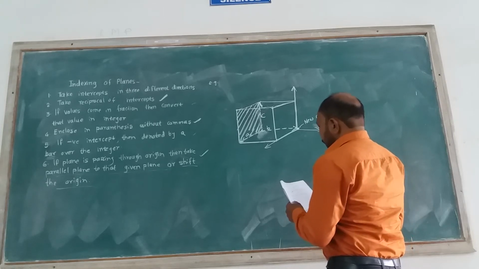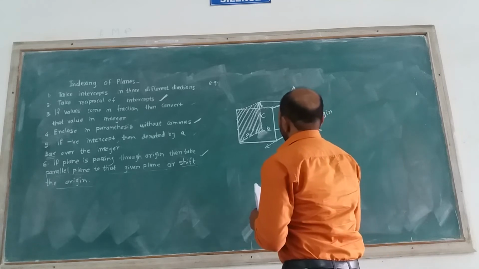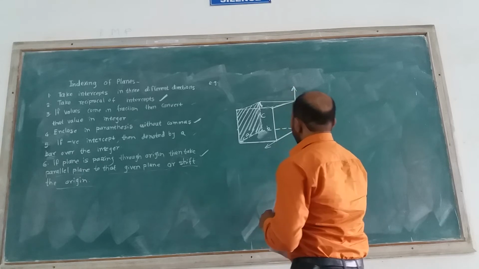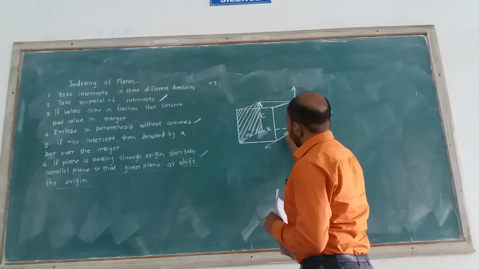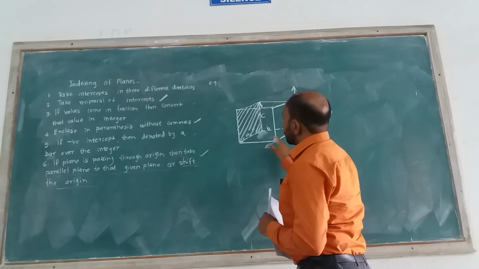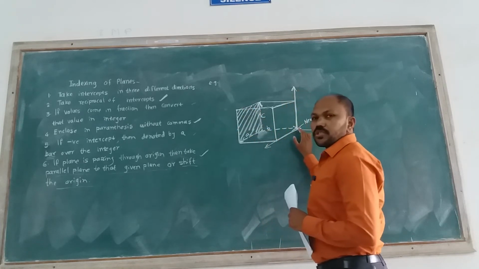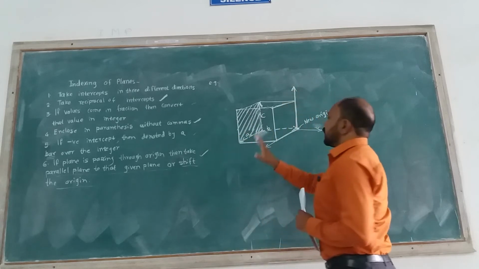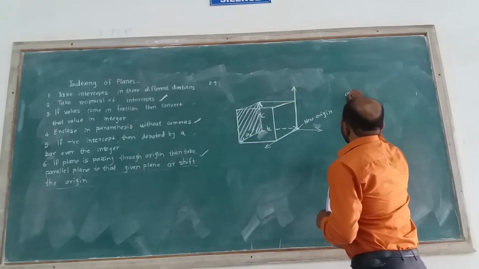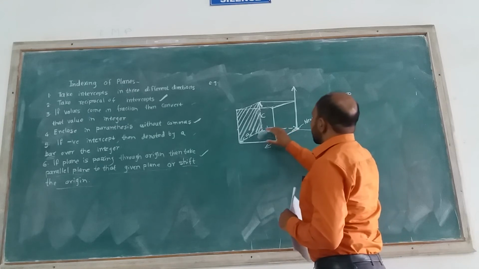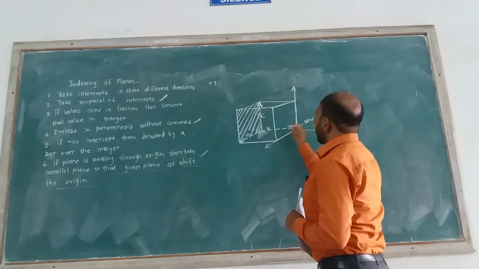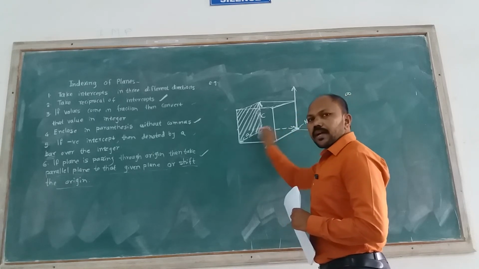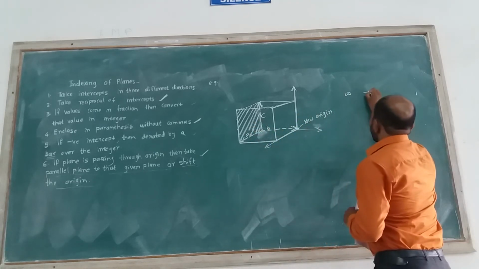If we consider the a direction, imagine this is the origin and this is your plane. The a direction is parallel to this plane, so the value becomes infinity. For b, the distance is required but not in this direction, since the origin is here, so we measure from here to here, and that value becomes negative, so negative 1.